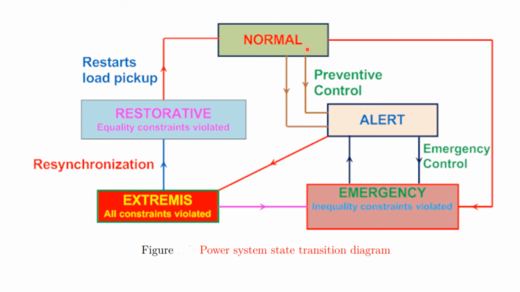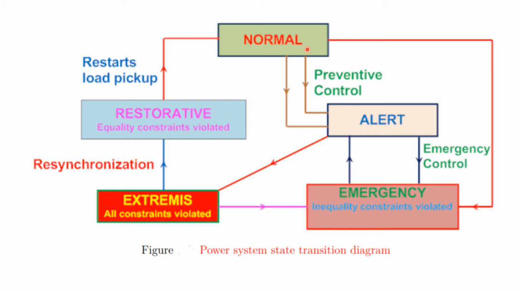If you say a normal state is insecure, that means some constraints in the system may be violated. If the system is insecure, we should consider the frequency as well as the bus voltage magnitude, everything, and the current flows.